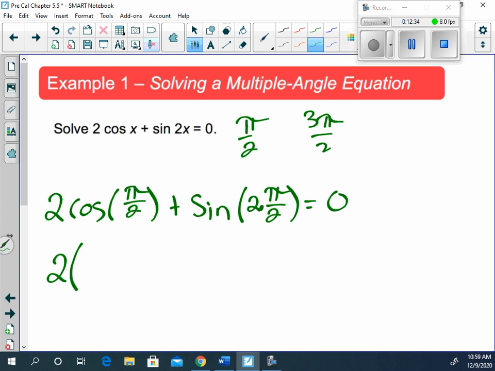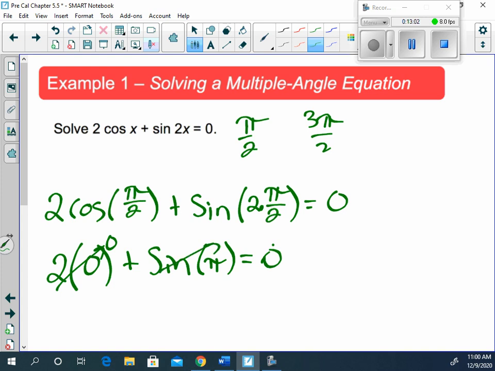Well, pi over 2, we can look at the chart, and it's straight up, and that would be 0. So we'd have 2 times 0. Yes. So this whole thing is just 0. Now, 2 times pi over 2 would be the same as sine of pi. What is sine of pi? Zero, isn't it? So pi over 2, we're good, yes? Works out just fine.